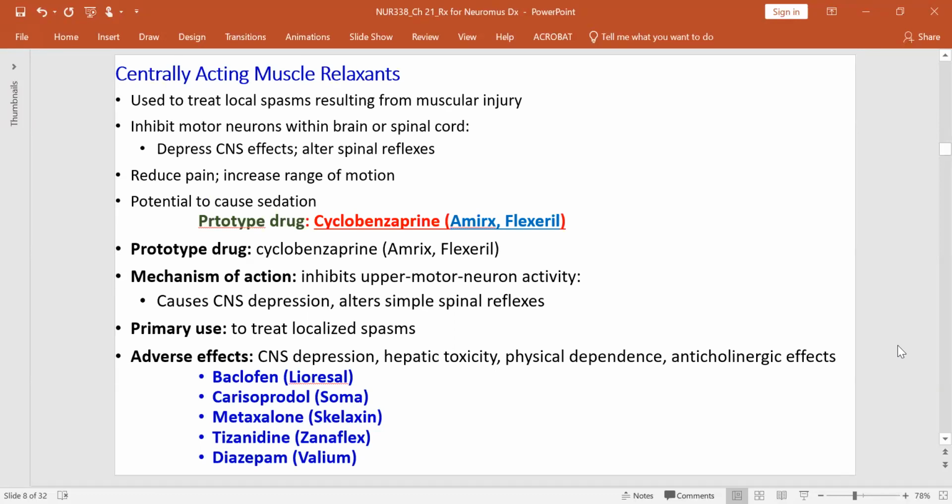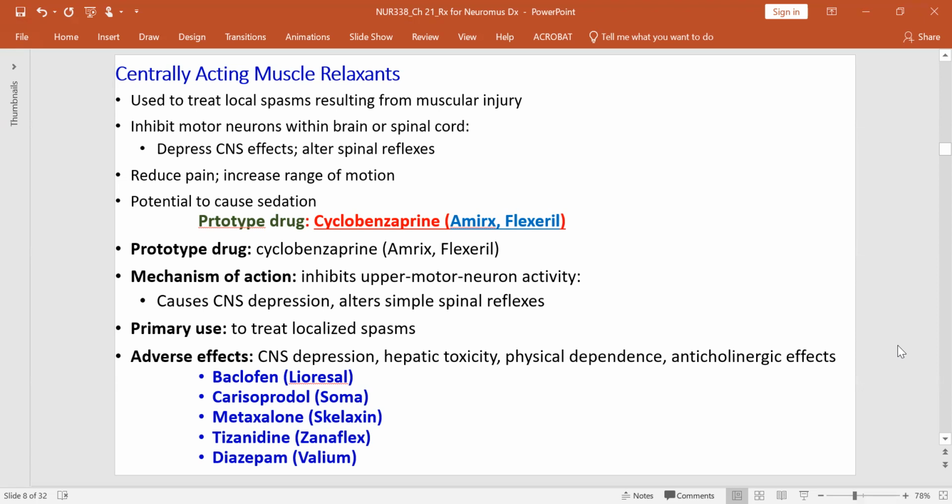Tizanidine, Zanaflex, the oral dosage would be 4 up to 8 milligrams, 3 times, sometimes even 4 times daily, with a max of 36 milligrams in 24 hours, so not to exceed 36 milligrams daily.